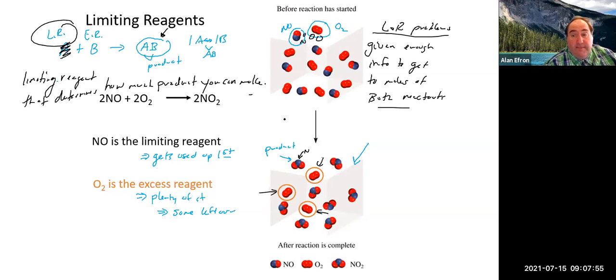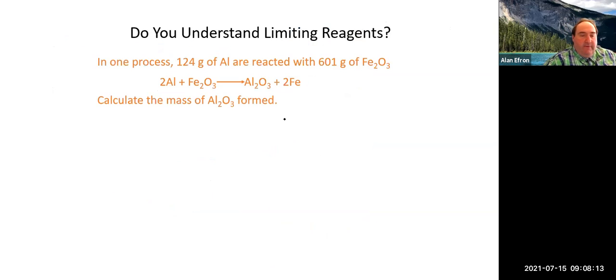So let's talk about how to do these problems. I'm going to show you a way that is probably a little bit different than something you've learned before. If you've learned about limiting reagents or reactants before and how to solve them, there are many different approaches you could take.